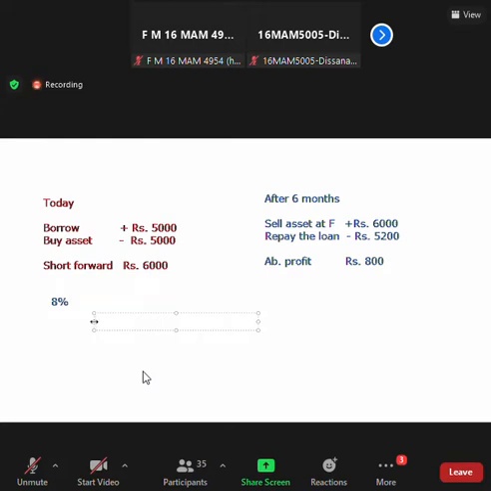How to find the rate of return of a share? How to find the rate?